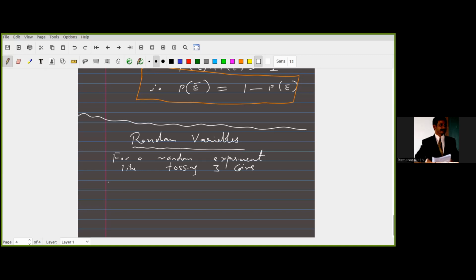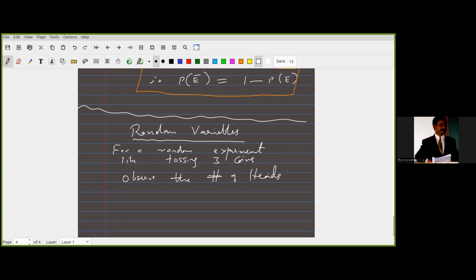There are so many ways, for example, to observe the number of heads. So this is a random variable. For each possibility here, we can look at its probability.